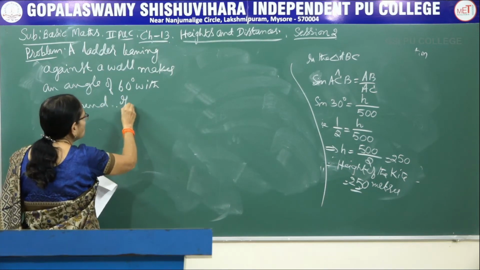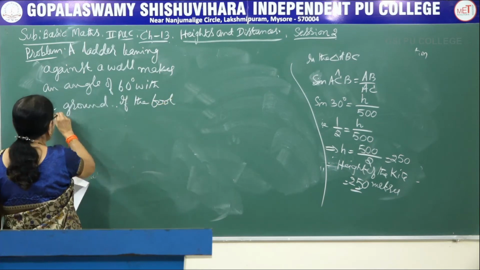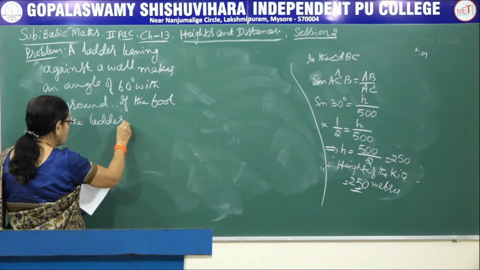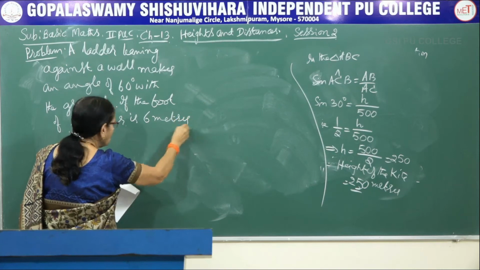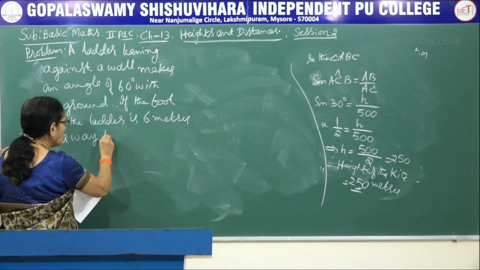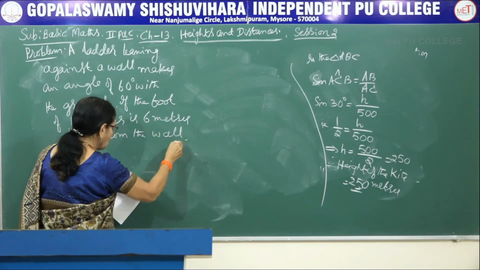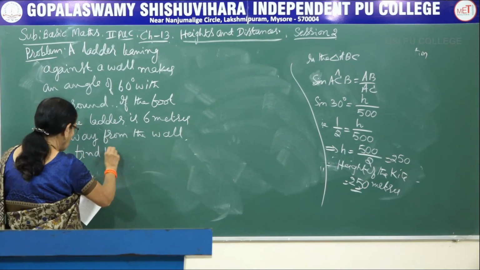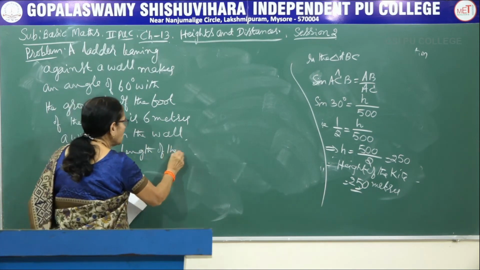If the foot of the ladder is 6 meters away from the wall, find the length of the ladder.